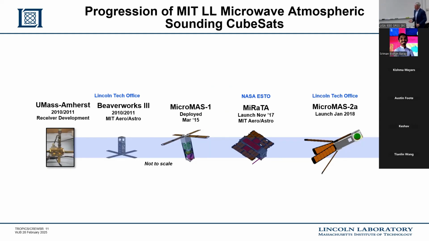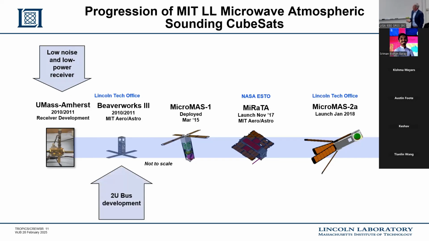So over the course of the last decade or so, we've been working to make the receivers smaller, the electronics smaller, and figure out how to accommodate that on a very small, affordable CubeSat. So that involves making the receivers very low power, small, sensitive, stable. So we've been working with our colleagues at UMass Amherst to do that. We figured out how to accommodate that payload on a very tiny CubeSat bus.